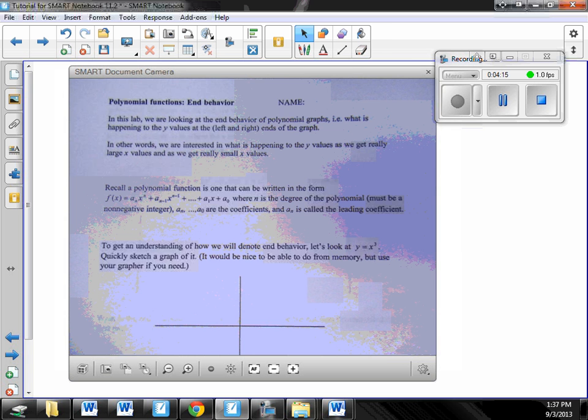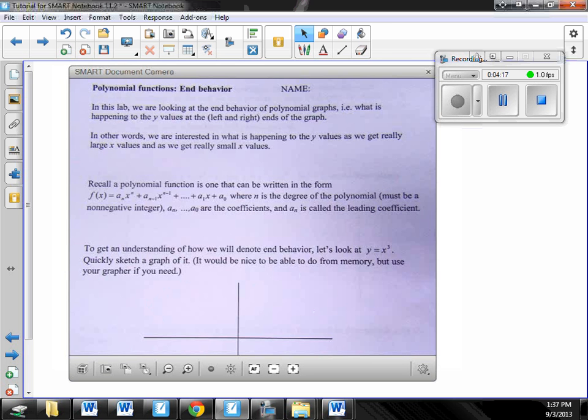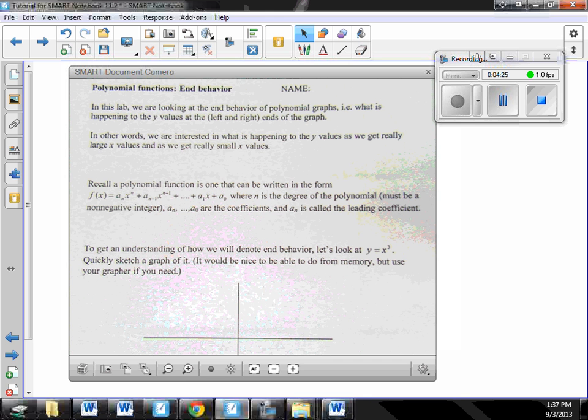So we're going to look at something called polynomial end behavior. So in this lab, we are looking at the end behavior of polynomial graphs. What is happening to the y values at the ends of the graph? Okay. So we're going to look, as we travel left or right, we're going to look at where the graph is headed.